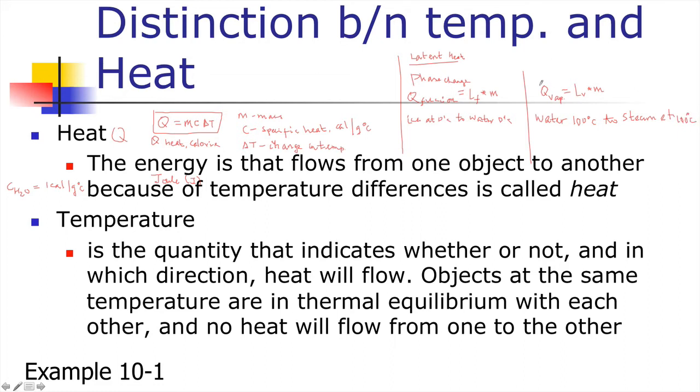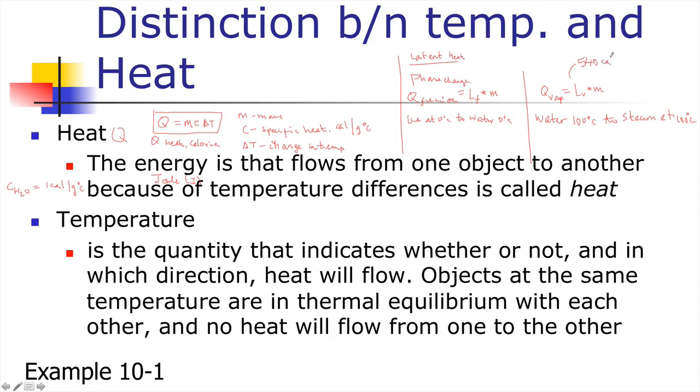To find that, you just multiply LV, which is the coefficient of the latent heat of vaporization, and that value is 540 calories per gram.